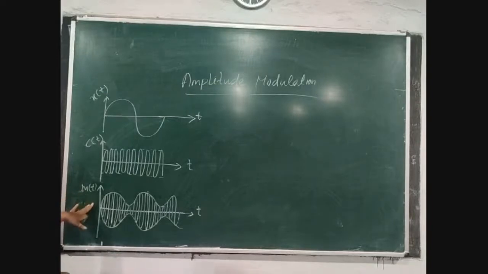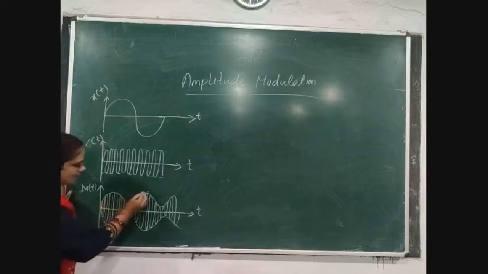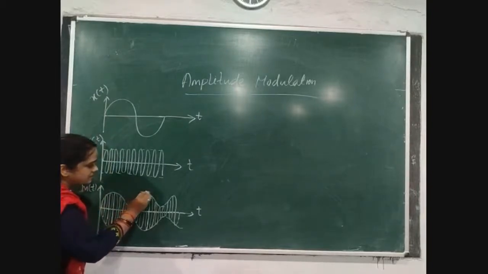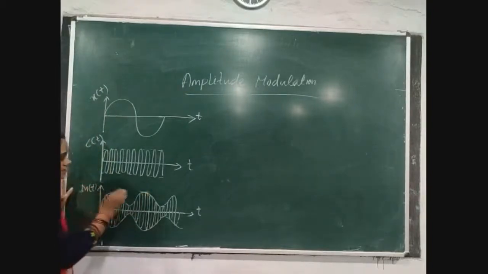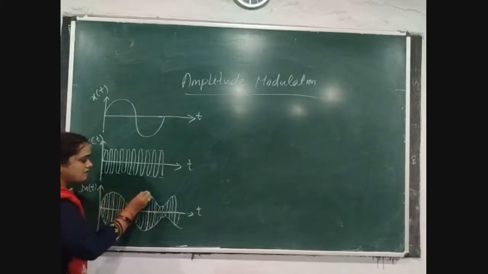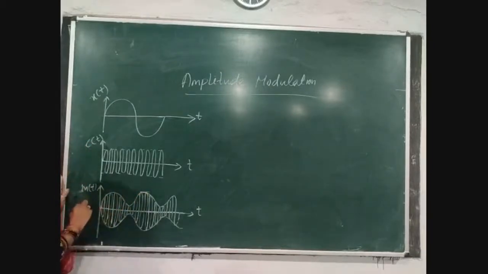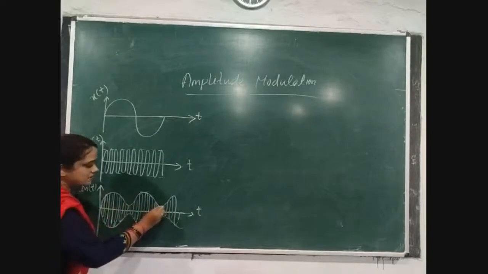The modulated signal is the combination of modulating signal and carrier signal. In the modulated signal, the amplitudes of the modulating signal and carrier signal are combined. Here you see this one is the peak value, the maximum amplitude of this signal, and this one is the minimum amplitude.